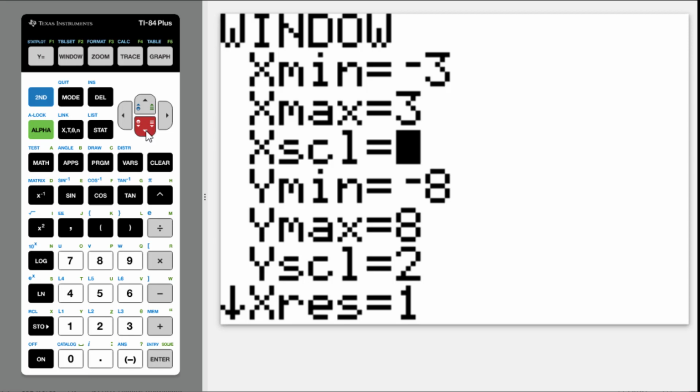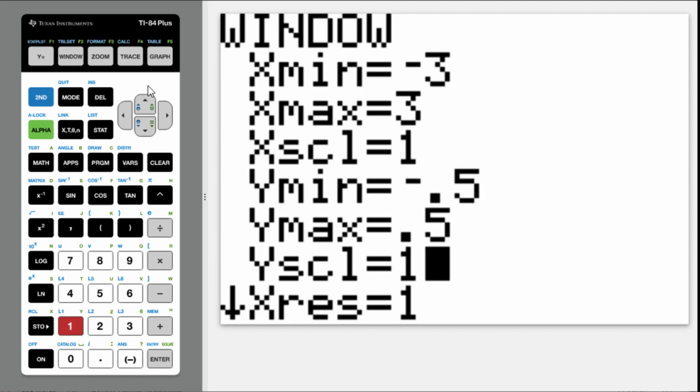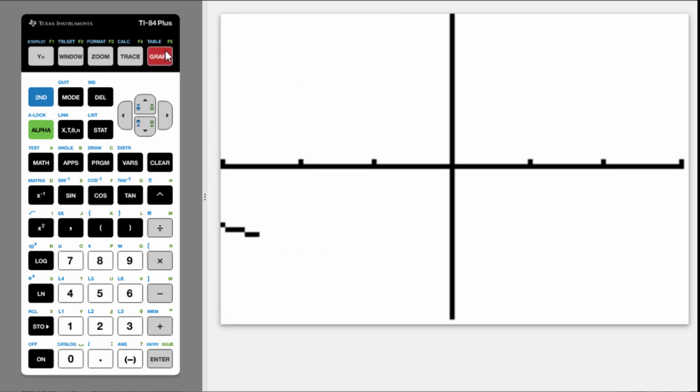We need to change y minimum, negative 0.5. Y maximum, 0.5. For scale, let's turn it into 1. Graph.